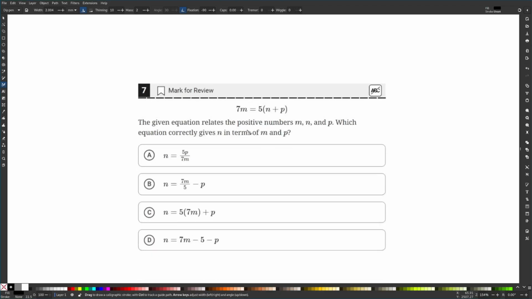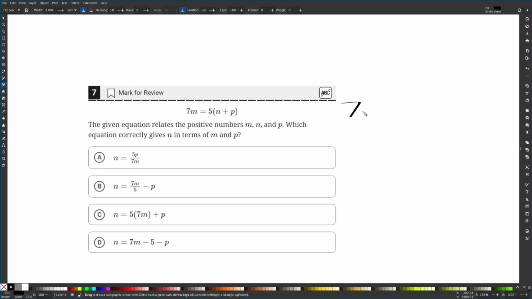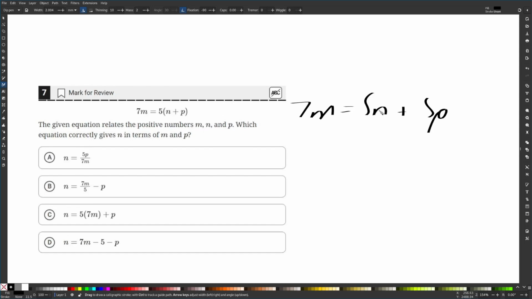The given equation relates to positive numbers m, n, and p. Which equation correctly gives n in terms of m and p? Okay, so to find n here, let's distribute first. So 7m is equal to 5n plus 5p. And we need n by itself, so let's get rid of this guy.